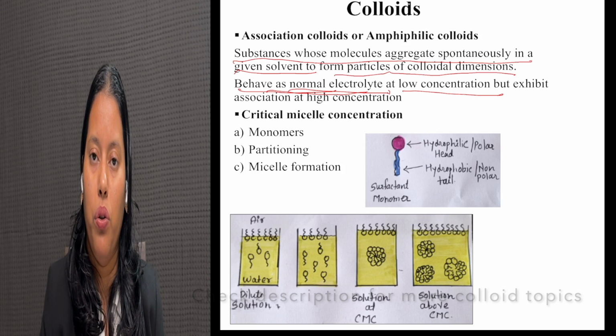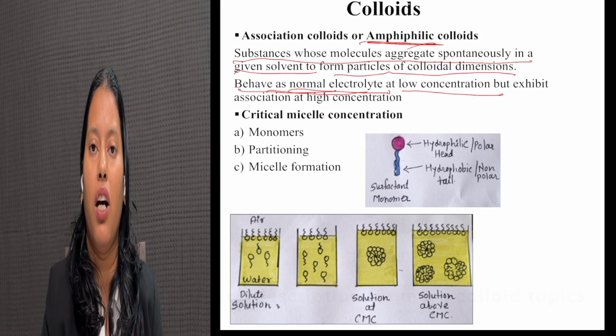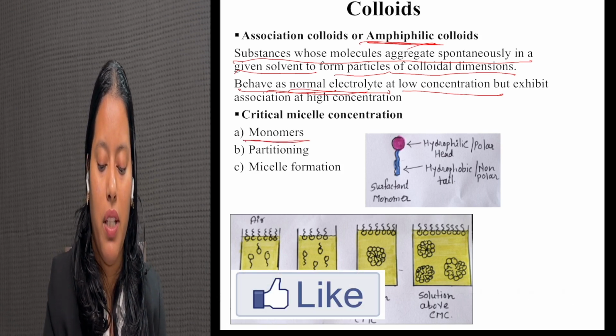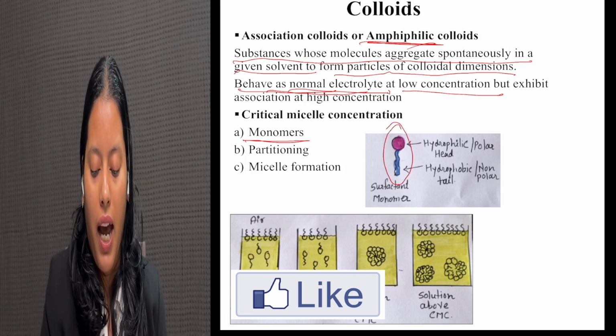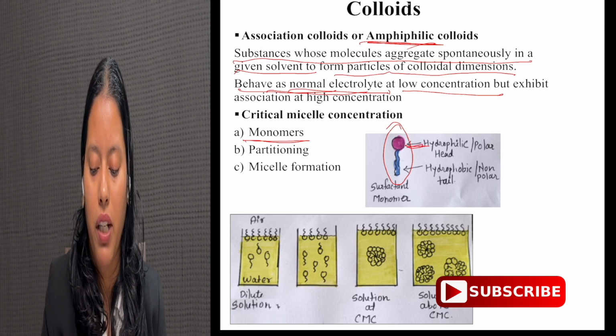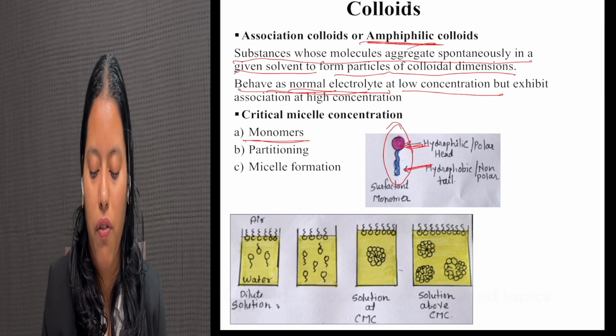Okay, so we have seen it is amphiphilic, which indicates a dual nature. A monomer means a single unit, and this monomer has two parts, the hydrophilic part and the hydrophobic part.